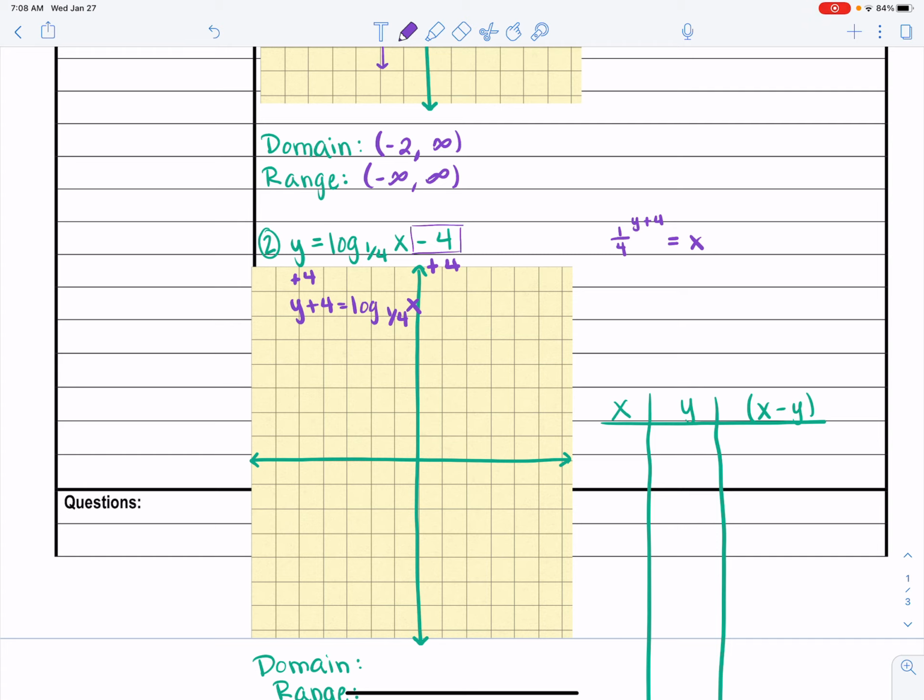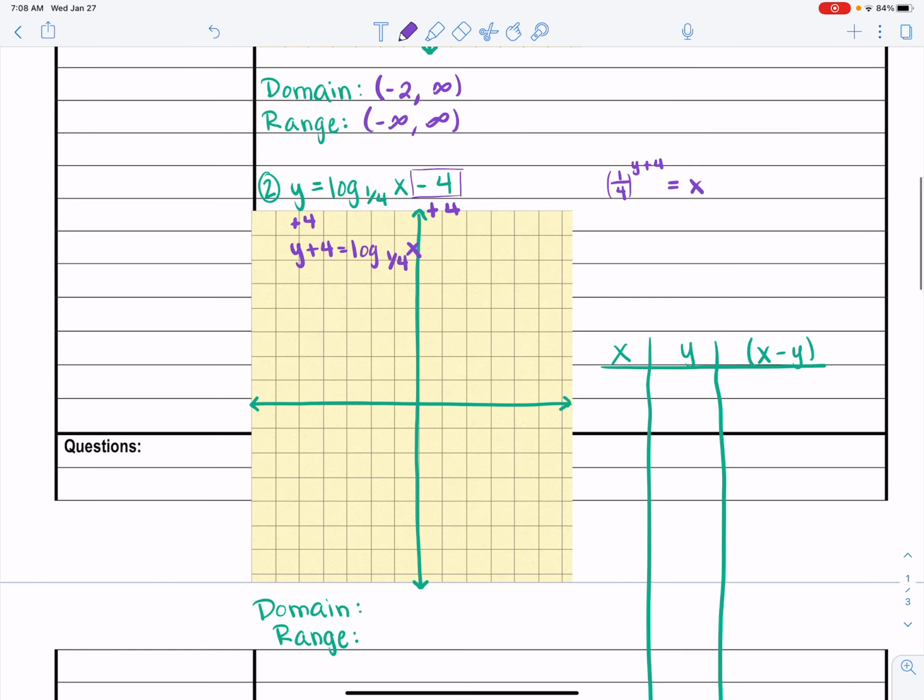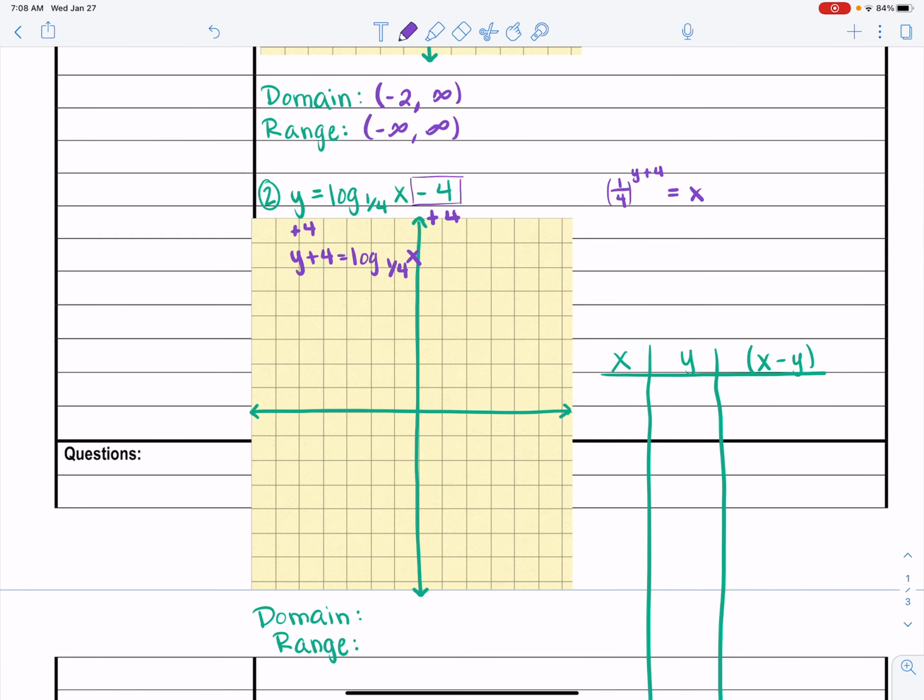All right, x is by itself, so we can go ahead and start picking some numbers for y. Now, we're going to be a little bit more specific. If I have y plus 4 as my exponent, I'm not going to start with 0 because that's an exponent of 4, and that's a great number to use, but I'm going to start with -4, because -4 plus 4 is going to give me 0, and 1/4 to the 0 is 1.